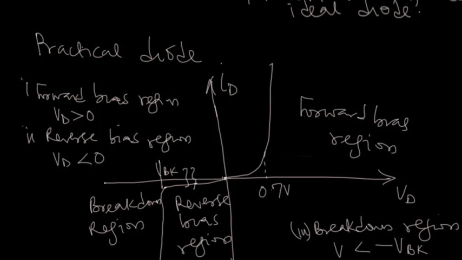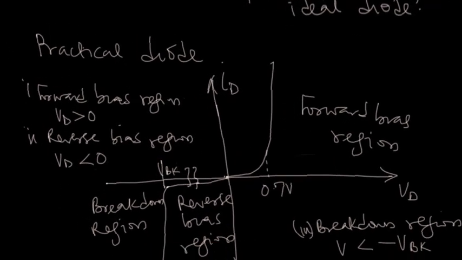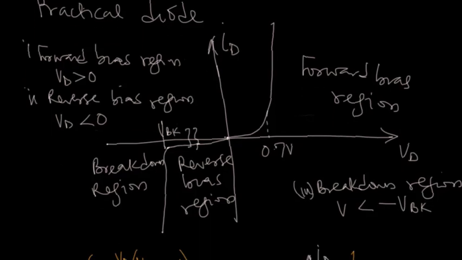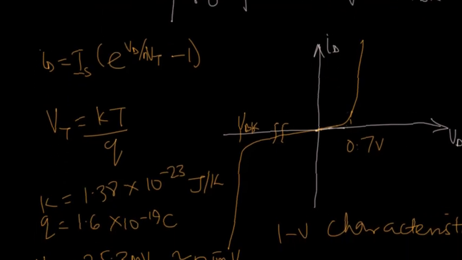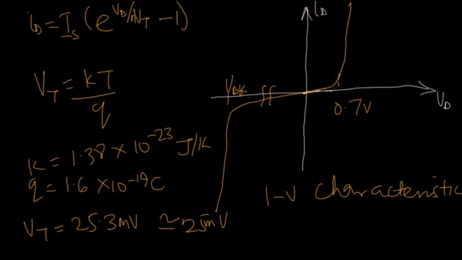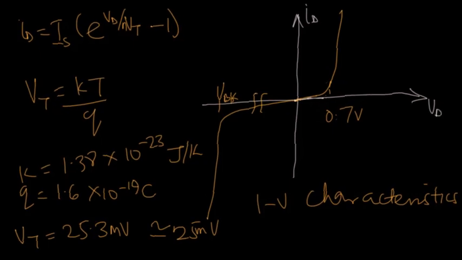And so we just saw the IV characteristics of the practical diode, different from that of the ideal diode. So we have three regions: the forward region, the reverse region, and the breakdown region. So that's a sketch of the IV characteristics of the practical diode.